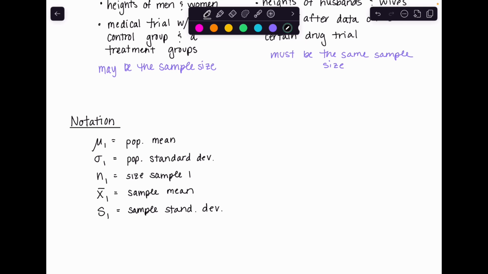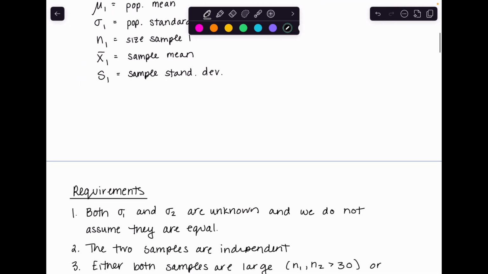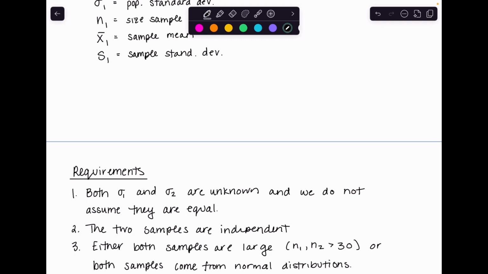In terms of requirements, we have a few that need to be met. The first is that both of the true standard deviations for the populations are unknown, and we do not assume they are equal. If they're equal, it's a completely different test statistic, and we're not even going to get into that particular case because it's very unlikely that they are equal from the two populations.